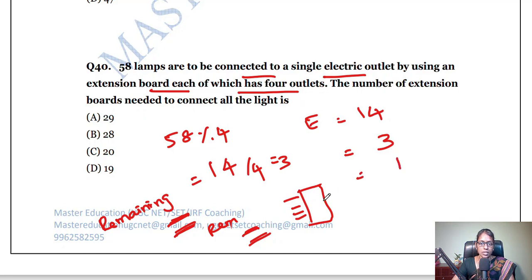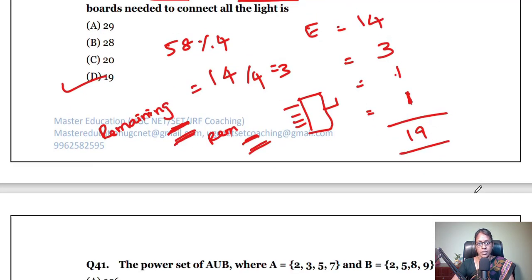These 3 lines plus this 1 line make 4 lines, and to combine these 4 lines into one line, I need one extension cord. So in total 14 plus 3 plus 1 plus 1, that is 19 extension cords, are required to connect all the lamps. Just work it out and you will get the answer, very easy.